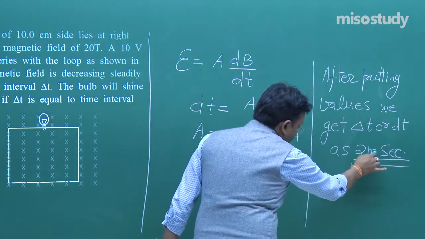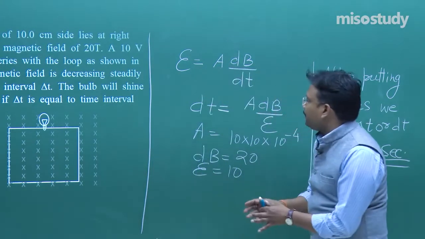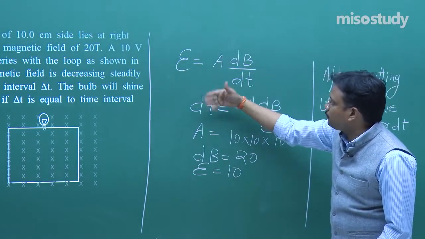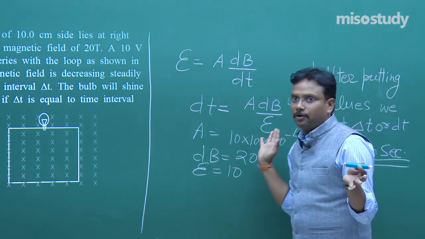Fine, 2 milliseconds. So this problem is essentially based upon that previous result which just some time back I mentioned for question number 1, and then basic calculation and result is in front of your eyes.